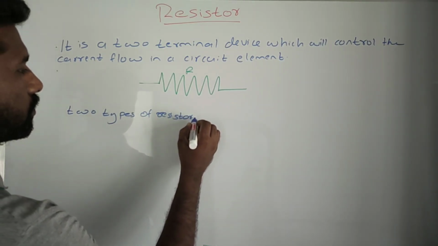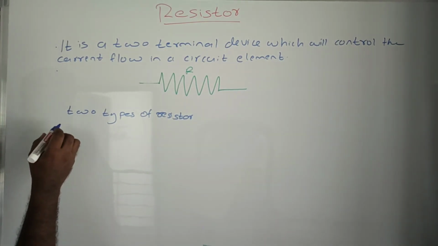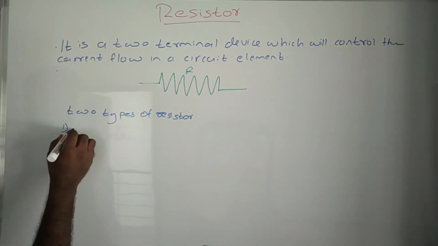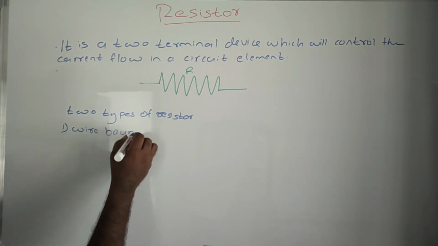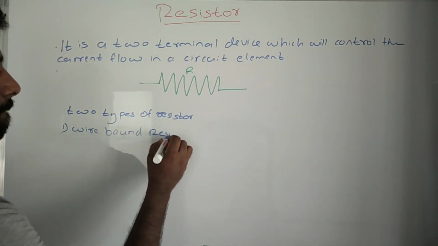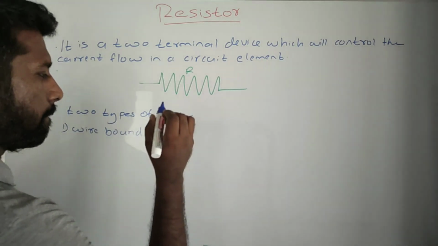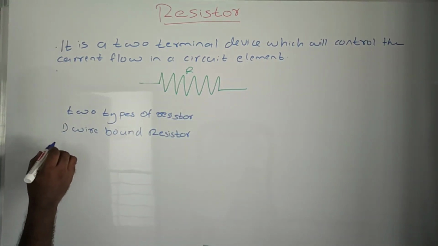We will talk about the wire bound resistor, and the second one is the carbon resistor.